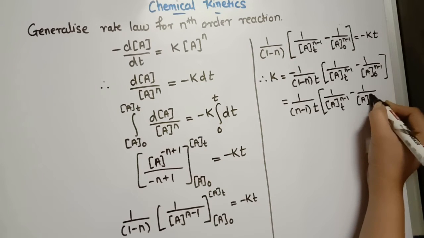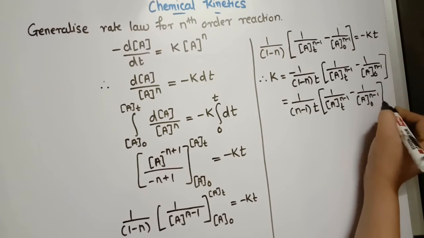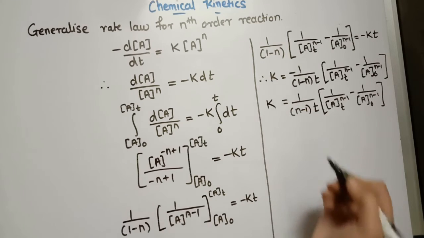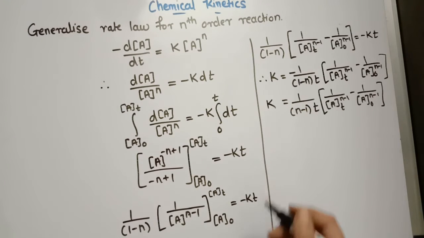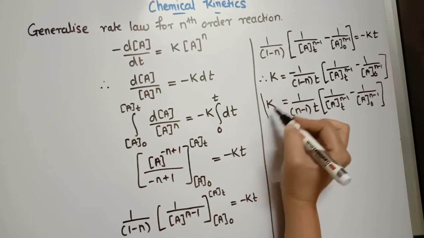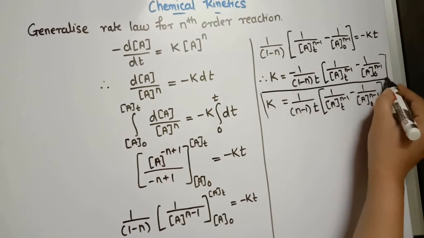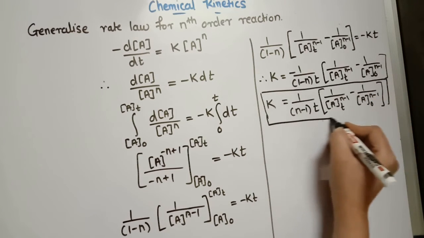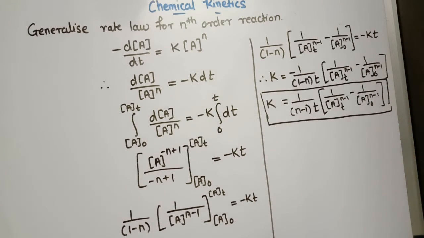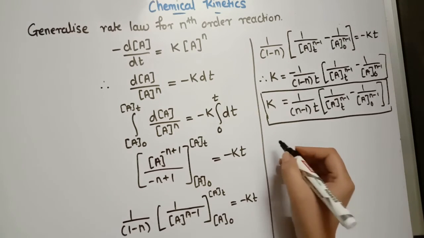If you put the value of n in this equation, you are able to find the value of k of various order reactions. This is the generalized equation for the rate constant of nth order reaction.